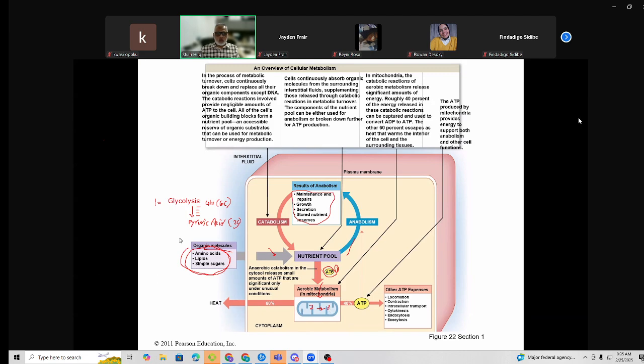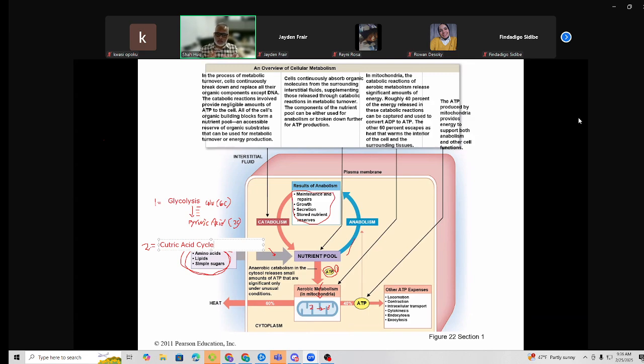Okay. So number 2 is the one which is called the citric acid cycle. It has many names. Another name is the Krebs cycle. And the citric acid cycle is a series of reactions, which I showed you last Thursday.